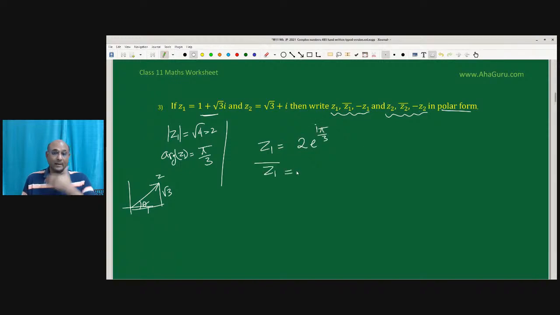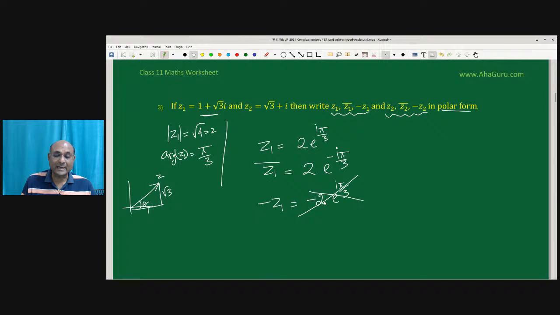Z1 conjugate is 2 e power minus i pi by 3. What about minus Z1? You have to be very careful. If you write this, it is wrong. This is the starting point. You have to take that minus 1 as e power i pi or minus i pi.